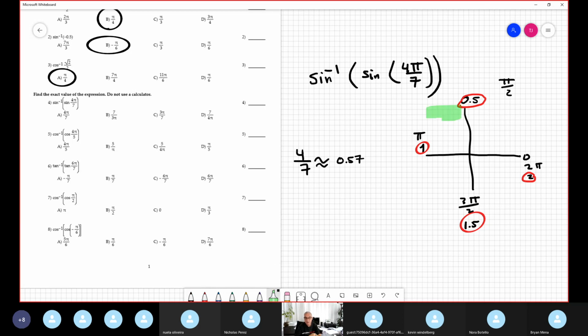Makes sense? Because it's a number in between 0.5 and 1. A little bit close to 0.5, but I don't need to know exactly the position. This is no big deal. But I determine that it lies in the second quadrant, correct? So this angle lies in the second quadrant. Everyone follow me so far?